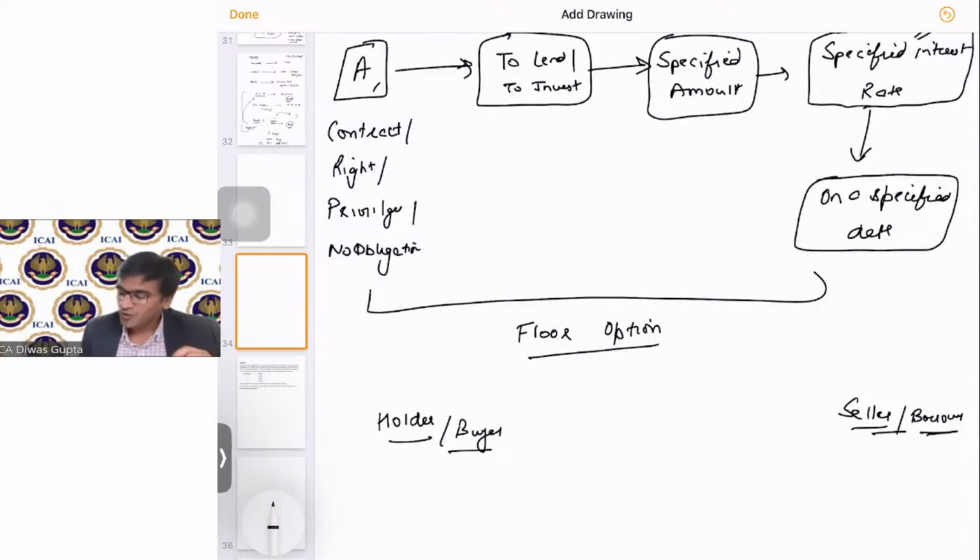Okay. So from the borrower's perspective, if tomorrow the interest rate goes up, for this contract, the buyer or the holder will not exercise this option. Why? Because this option will only be exercised once the interest rate goes down. Correct?